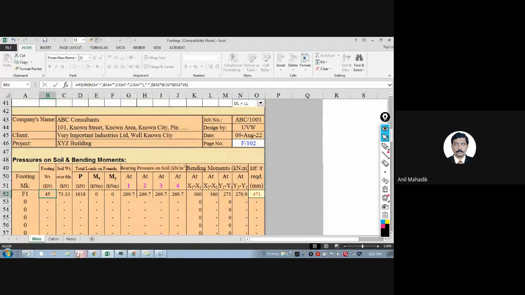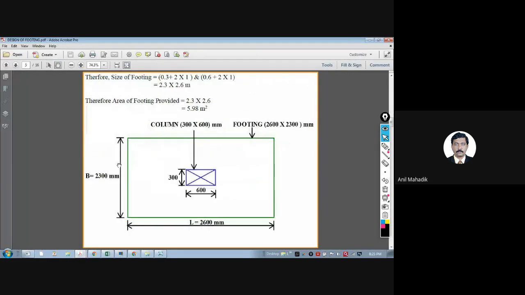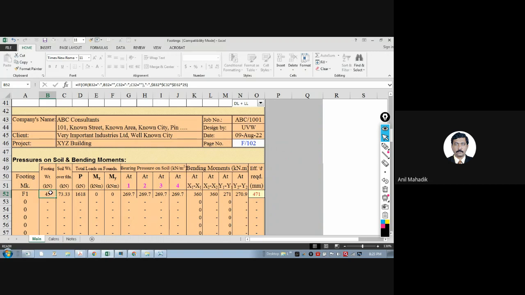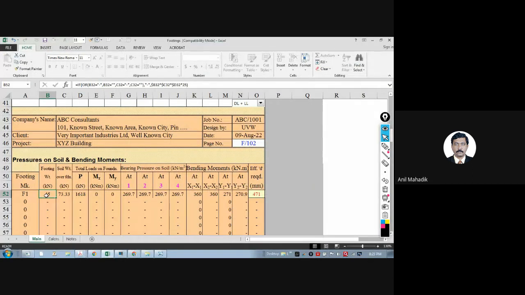In our manual calculation, we have assumed 10% something, isn't it? Yes, sir. See, assumption is always wrong. If you can calculate the accurate weight of the footing, then it is the correct method actually. But in manual calculation, we don't know what will be the size of the footings. That's why we are assuming. So it will calculate automatically, and we need not bother about the weight of the footing.